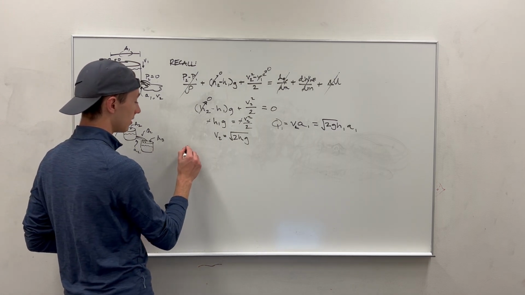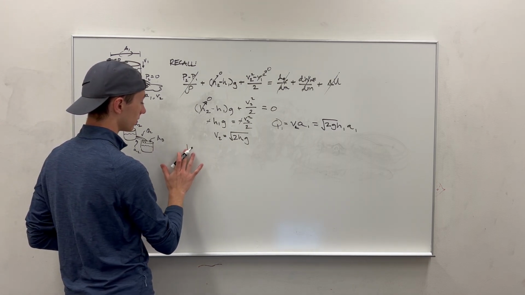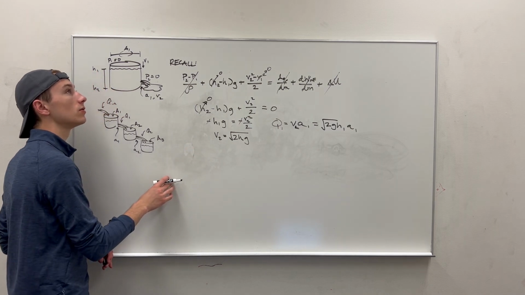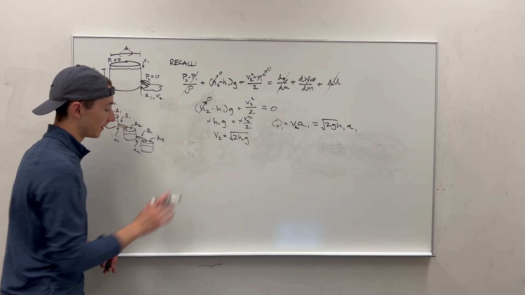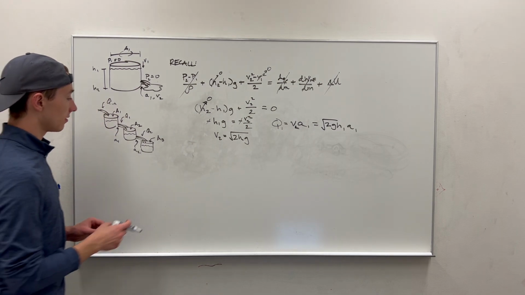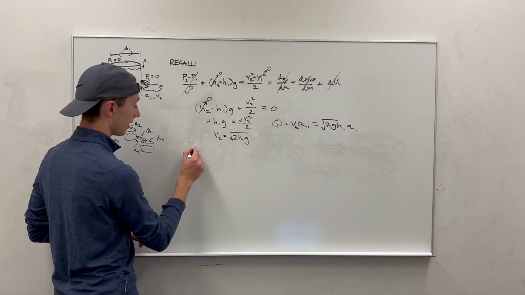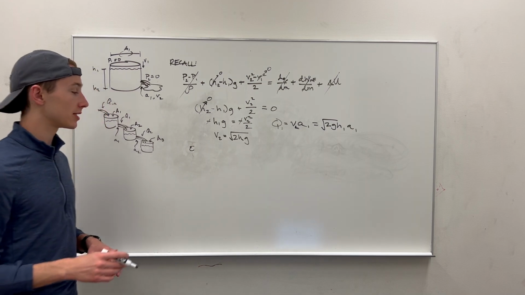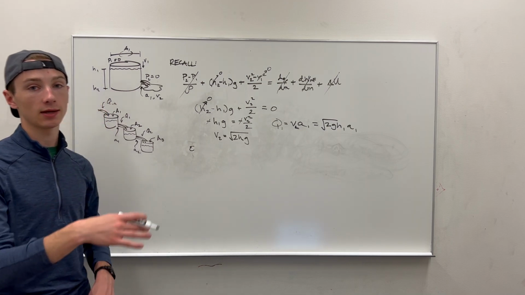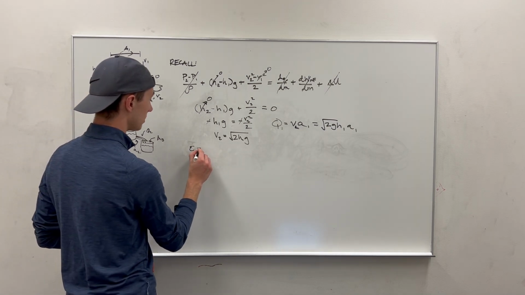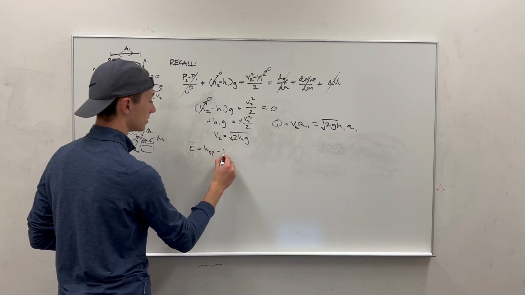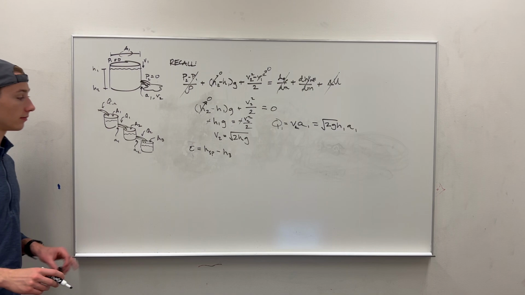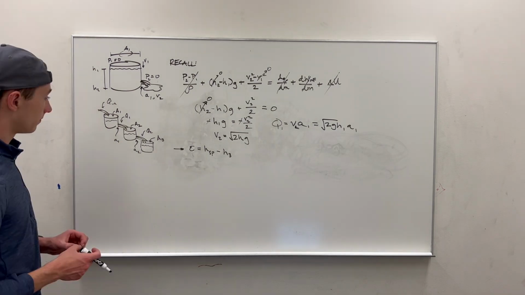So the error, which is the difference between where we want the water to be in the third tank and where it is now, is going to be equal to the height of whatever set point we want minus the height of the fluid in the third tank.